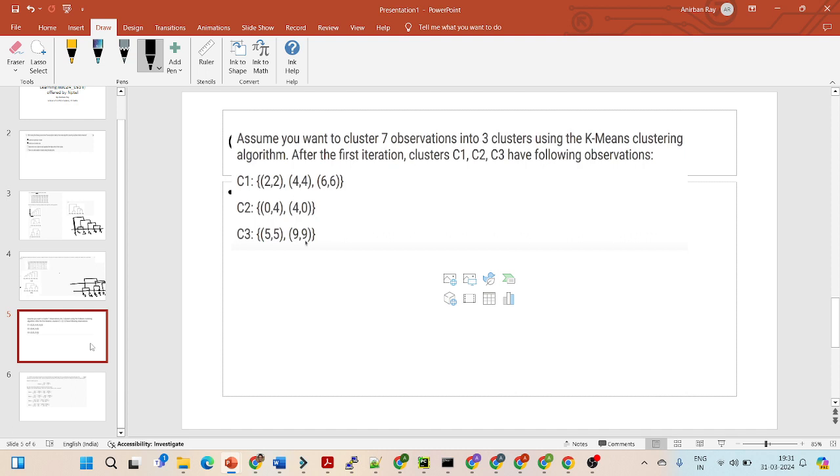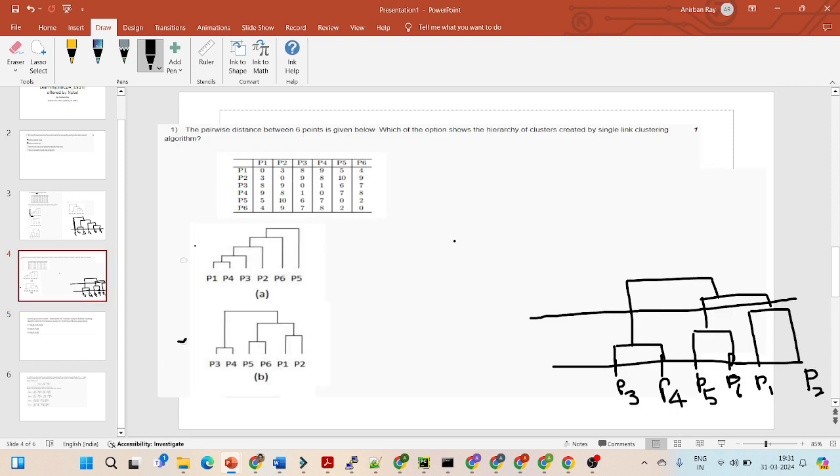In each case, you are looking at the distance between the two clusters, the distance that's given. In the complete link case it will be the largest among the two points of the clusters. So the distances are different, but the way to do it is the same.